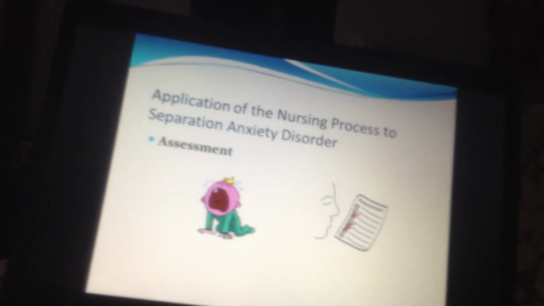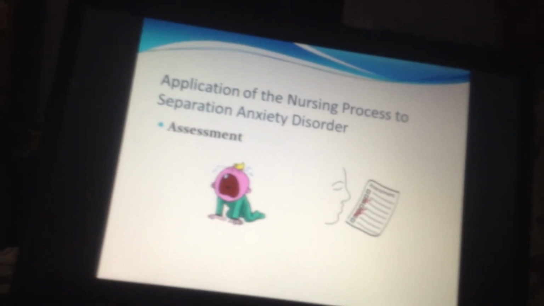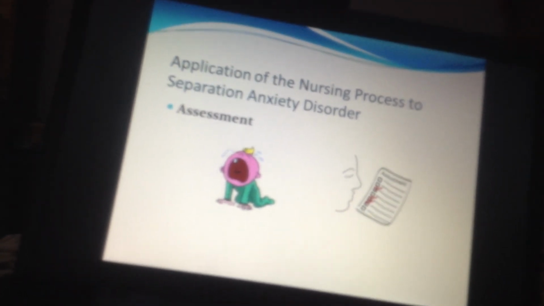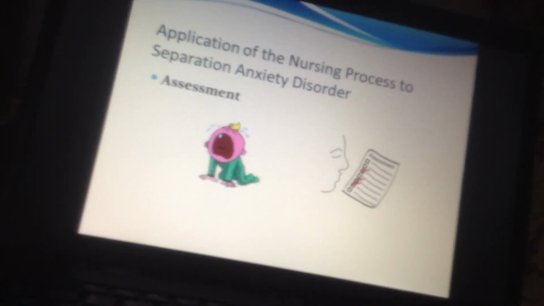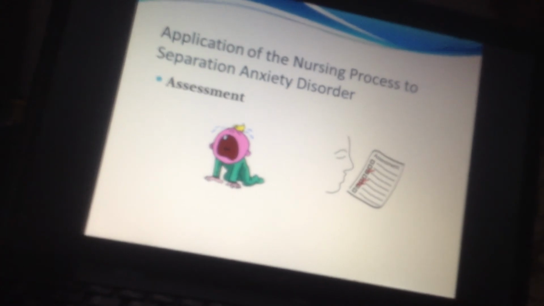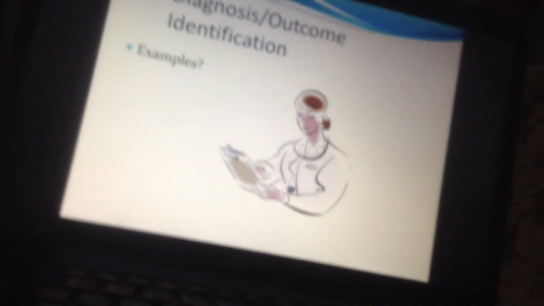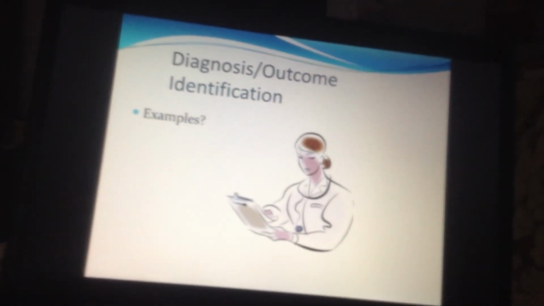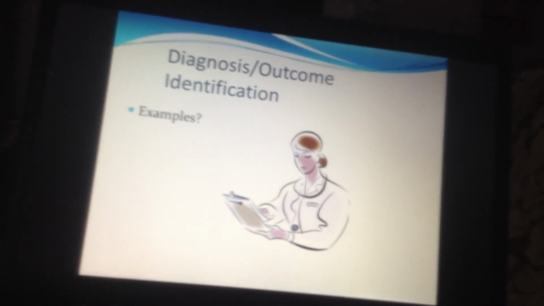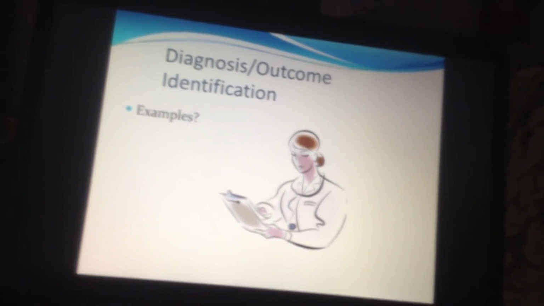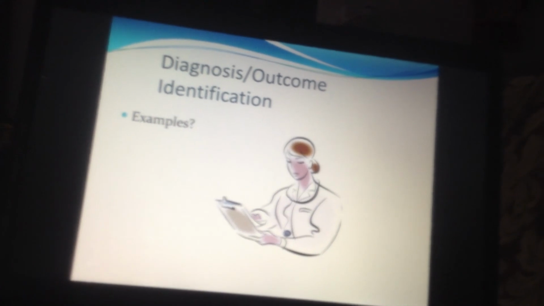Anxiety is something that you will see in almost all of this age group if they have separation anxiety disorder. What are some nursing diagnoses? Anxiety, ineffective coping, and impaired social interaction are examples of some nursing diagnoses.